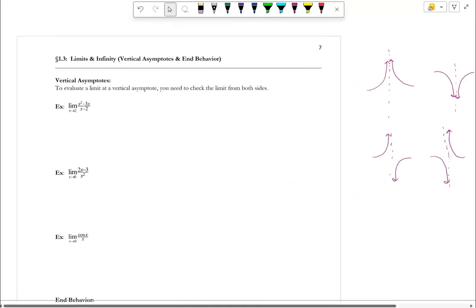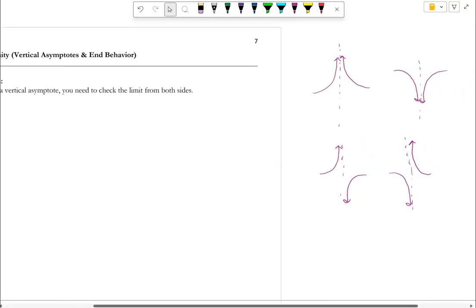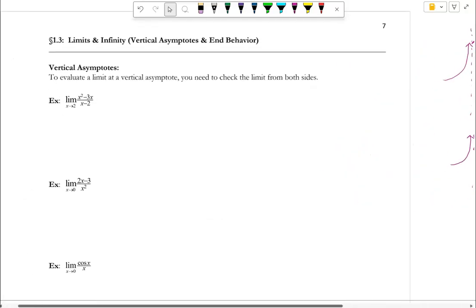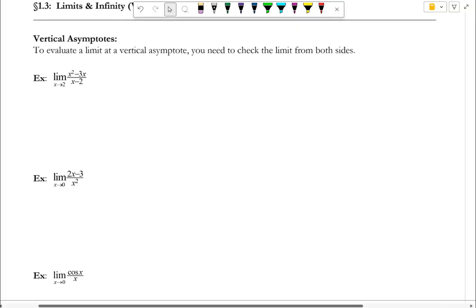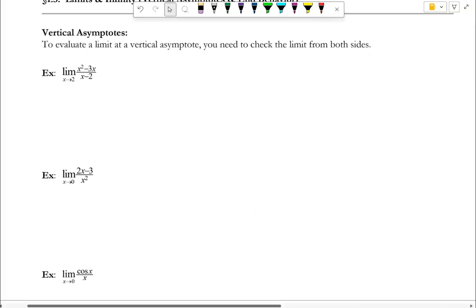And really, in order for us to evaluate a limit at an asymptote, we need to know which one of those four scenarios it is. And so without a graph, we can do that with one-sided limits. So the first thing we're always going to do is check. We're going to plug in our limit value. So I'm going to plug in 2. At the top I get 2 squared minus 3 times 2, so 4 minus 6.